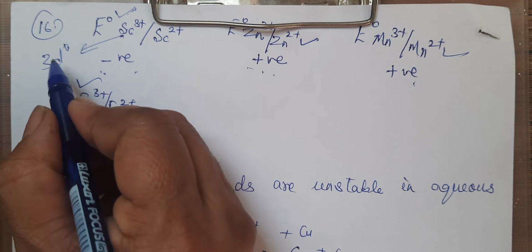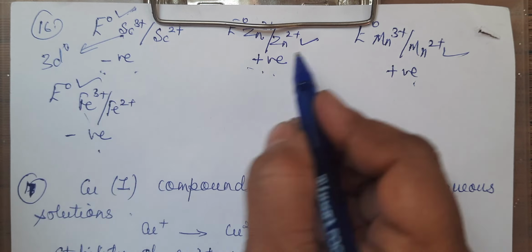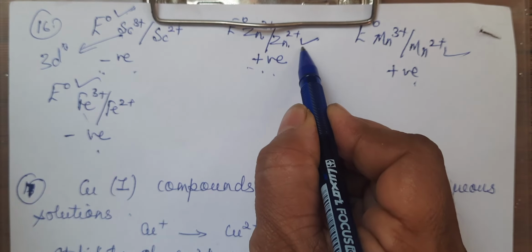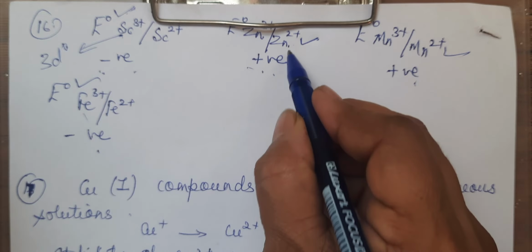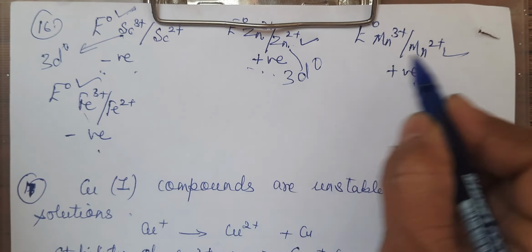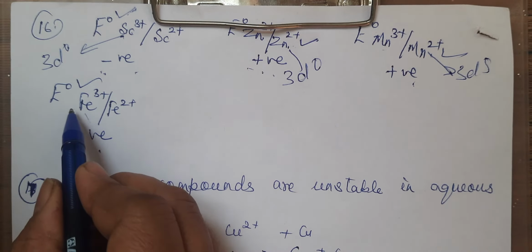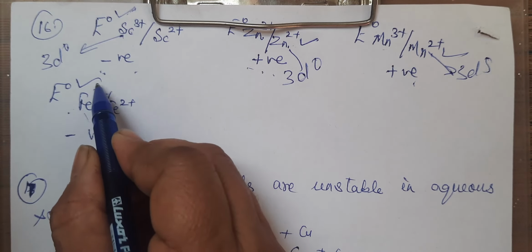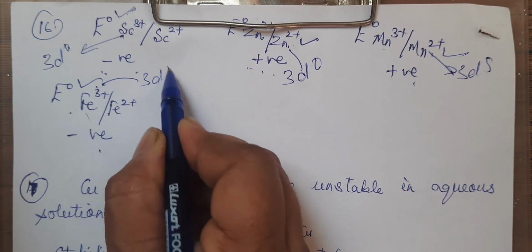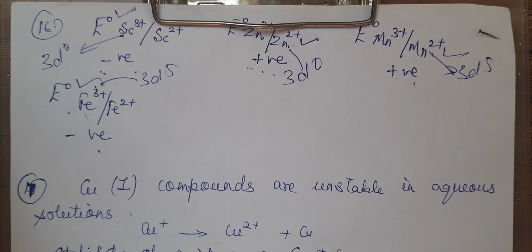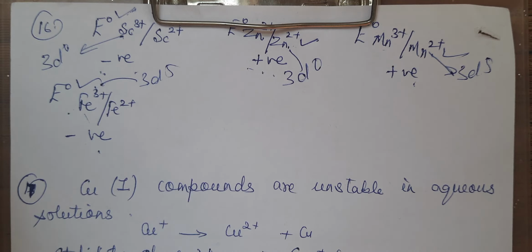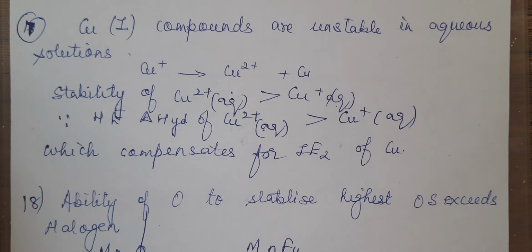If it is d0, d5, d10, very stable. What about this one? Its right side is more stable. Why? Because this is having d10 configuration. Its right is more stable, that is 3d5 configuration. Its left is more stable for this because in this state it is d5. So you will write their configurations and then see. Right? So this is how you will answer the questions. Why it is more negative, positive, you can answer on the basis of the configurations.